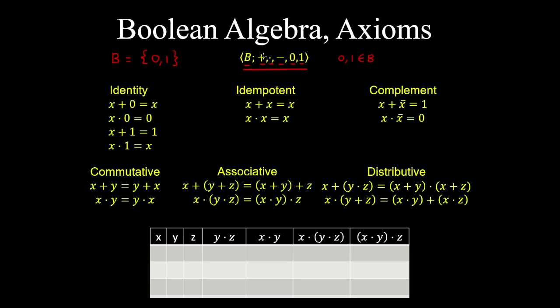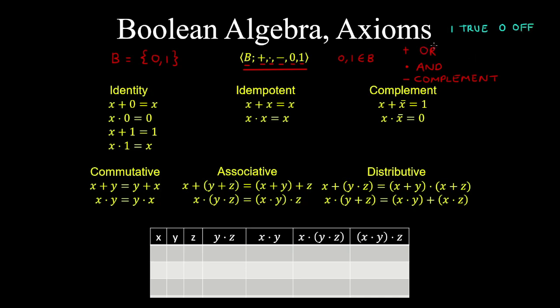And in computing, the plus operation is an OR, the dot operation is an AND, and the dash is a complement. So for example, you can visualize 1 as true or on, and 0 as false or off.